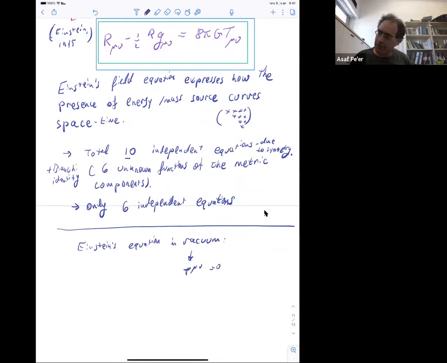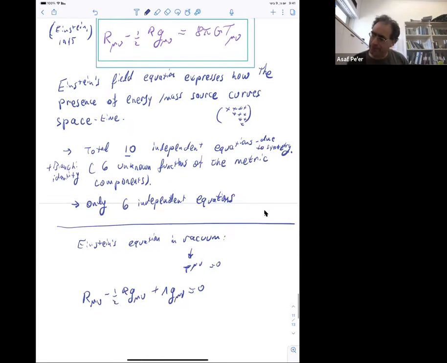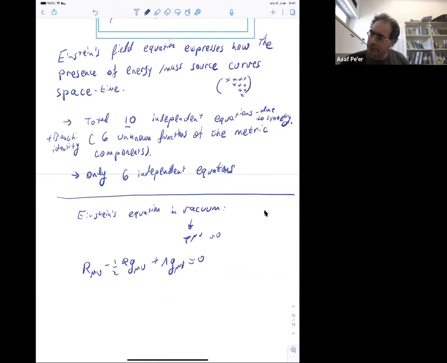So then Einstein's equation is R mu nu minus half R g mu nu equals 0. Now I can add a constant here. It may be in a different color.